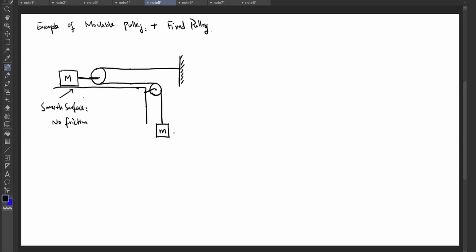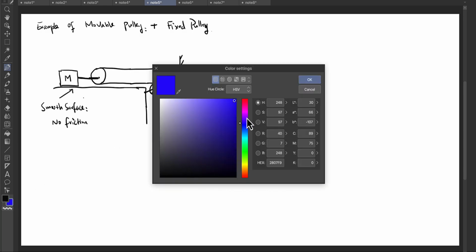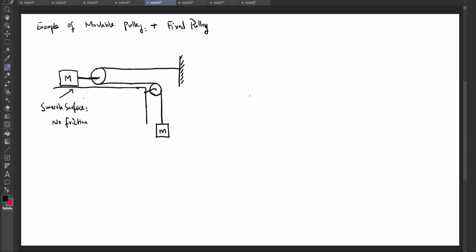As long as there's a non-zero mass, little m, the whole system will accelerate in this direction. So there must be acceleration a here, and the mass m also has some acceleration. Let's call this a prime. You may ask me, why do I use different accelerations? Aren't they the same? The answer is no. I will talk about why they're not the same.